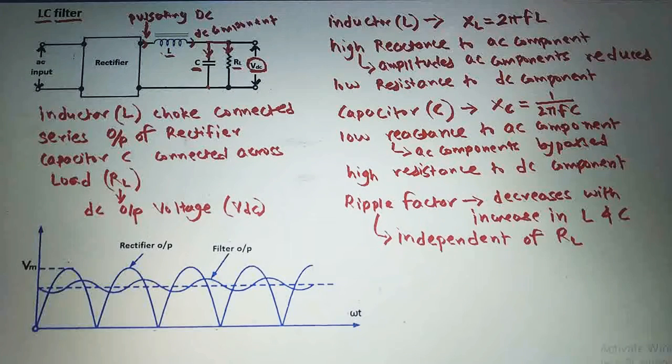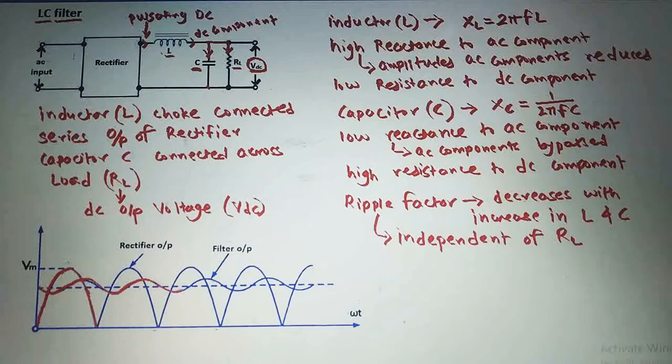Now see this waveform of this LC filter. See here, this is the rectified output, or the output of the rectifier that has been given as the input to the filter, and this is the filter output.